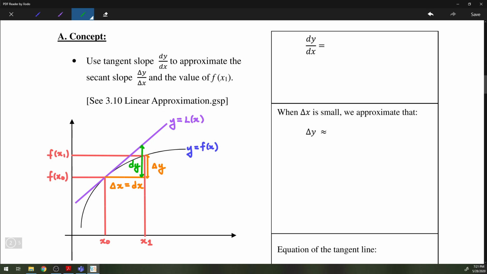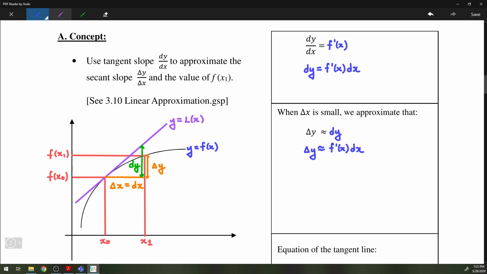So the idea is this: dy over dx is equal to f prime of x. So dy is equal to f prime of x times dx, if you multiply both sides by dx. When delta x is small, then we can approximate that delta y is close to dy. So that means delta y would be approximately equal to f prime of x times dx.